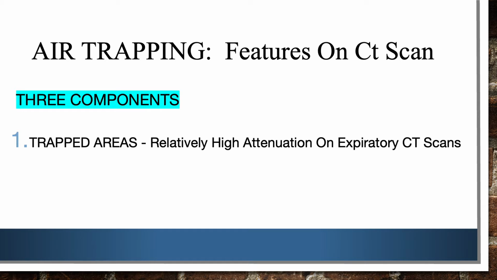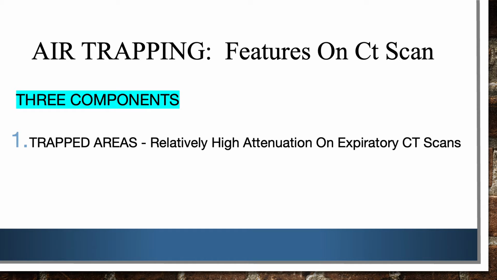on the expiratory scans. Now, normally, whenever we have a fully inflated alveolus, the average attenuation seen is minus 850 Hounsfield units. If your patient expires very well, the average attenuation will increase by 150. That means it will look more dark by 150 or more black by 150.